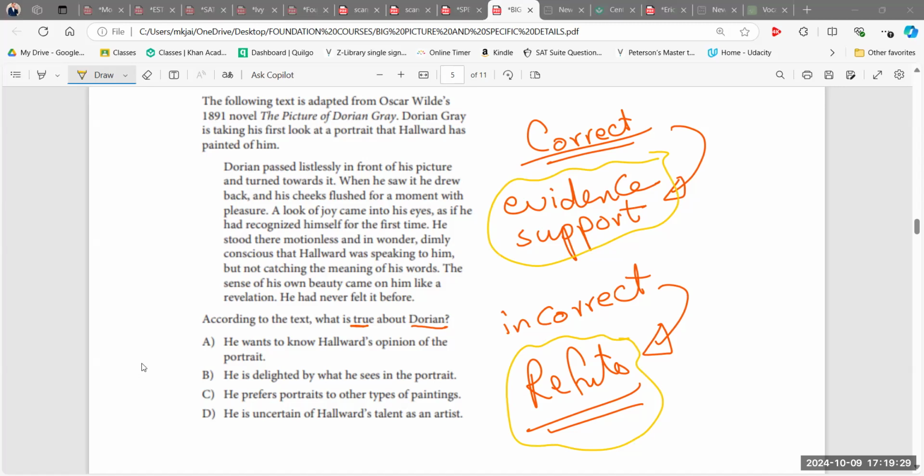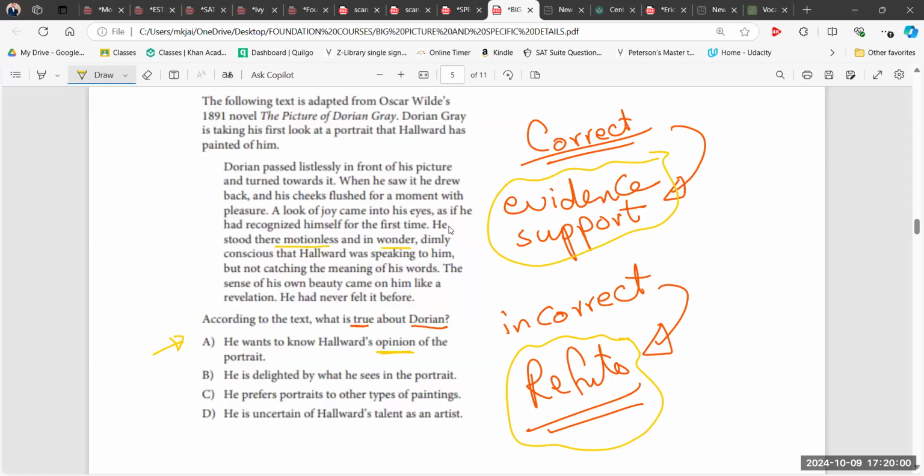What's your choice? A. He wants to know Hallward's opinion of the portrait. So where is your support? He stood there motionless and in wonder, dimly conscious.